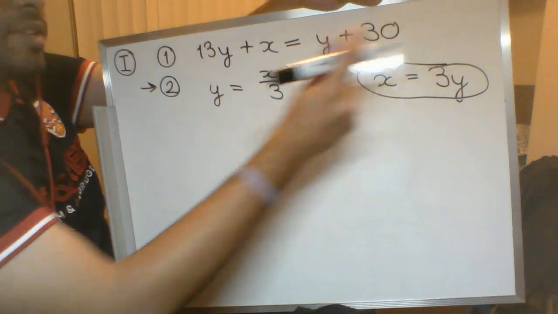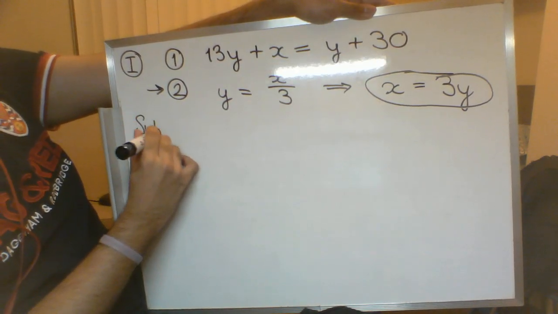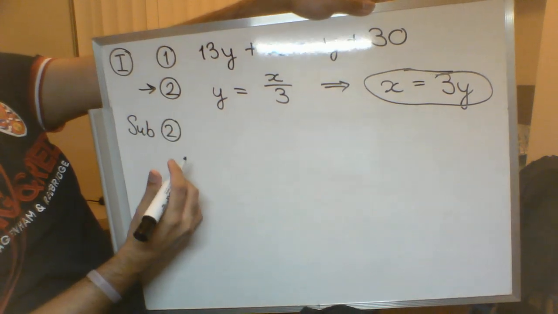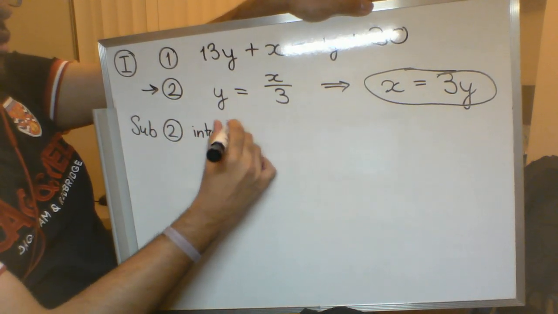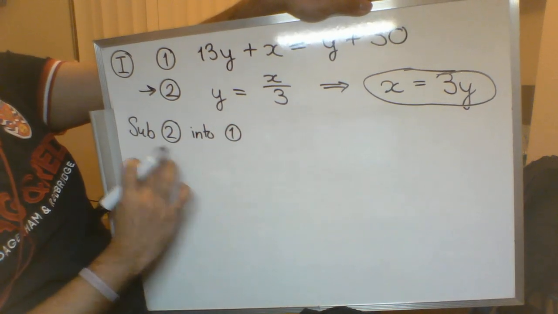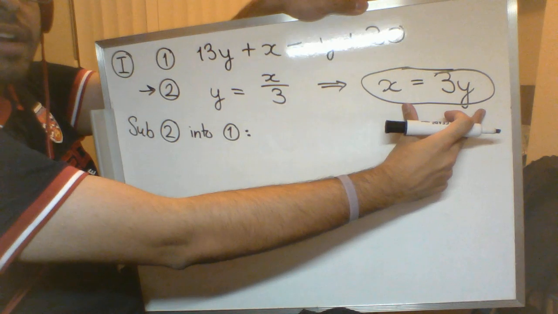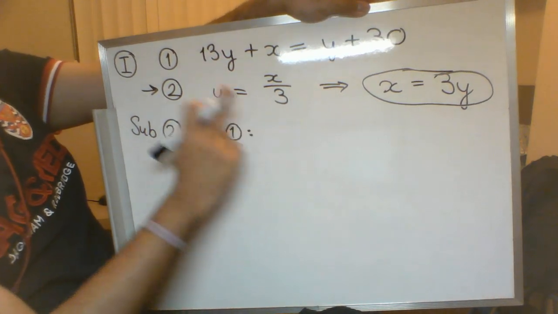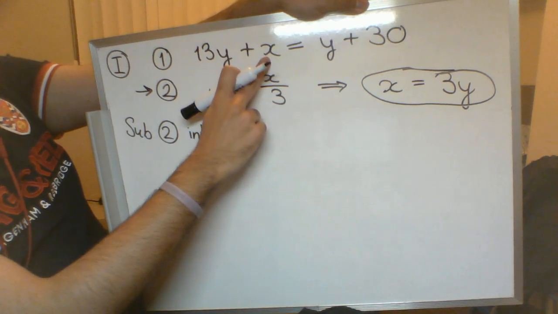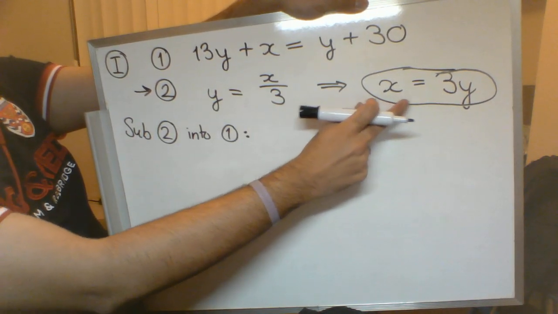When I'm explaining what I'm doing, I'm going to say subbing equation 2, so 2 with that circle around it, into equation 1. That means I'm subbing this fact into this big equation out here. So anywhere I see an x, I need to replace it with 3y that we got from over here.